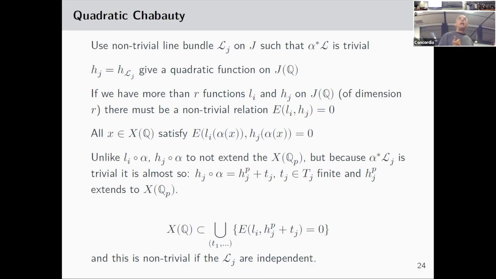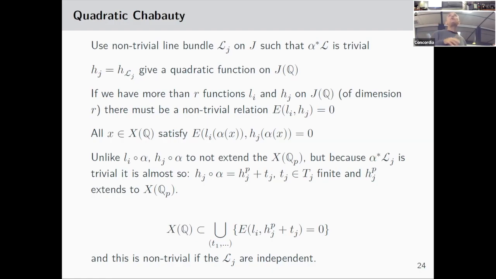And let's say that out of these, I get certain functions L_i that I had before. These were the functions that were used for usual Chabauty, but then I have new functions H_j. And this is still of dimension R. If I have more than R functions, I get a relation. Now, unfortunately, they are no longer linear, so it's not a linear relation, but it is some relation.